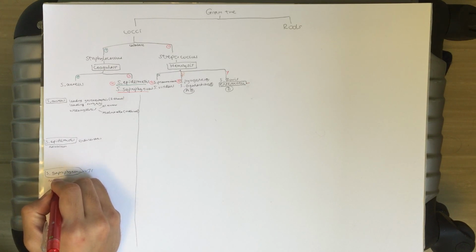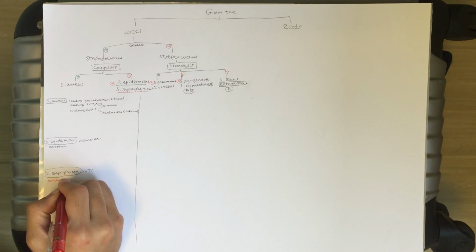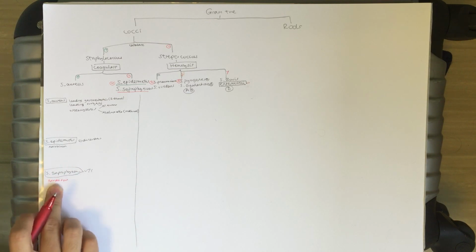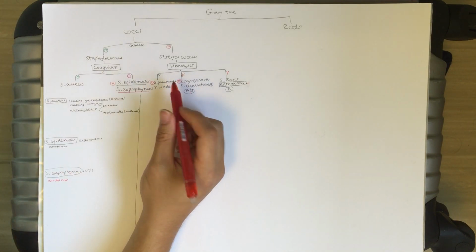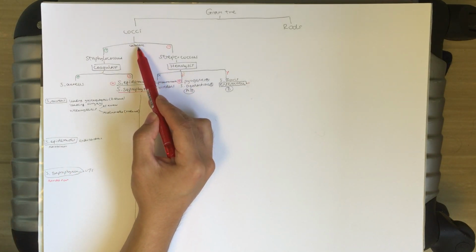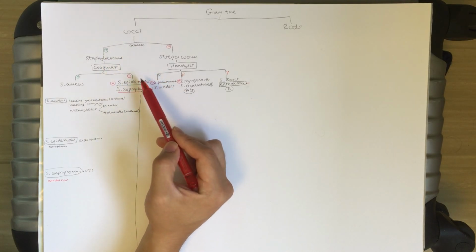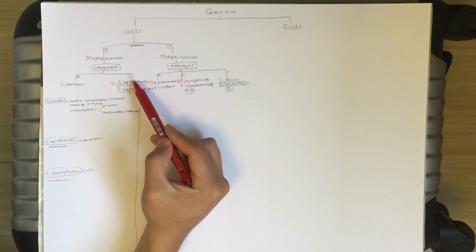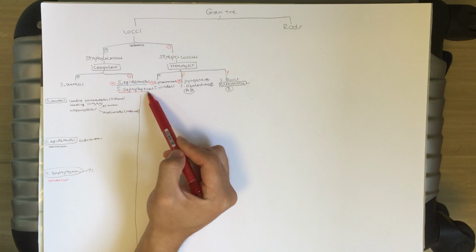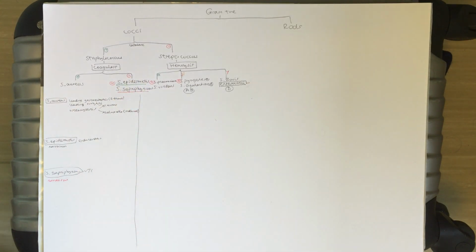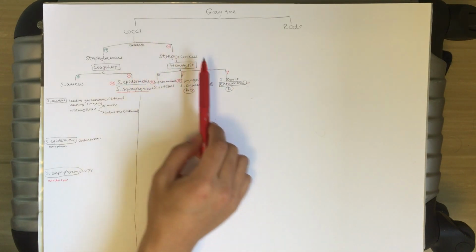So novobiocin for saprophyticus is resistance. So as I said, how do you differentiate? Catalase positive, coagulase negative, and then it says that it's novobiocin resistant, for instance. So that means you know it's saprophyticus. That's how you differentiate.